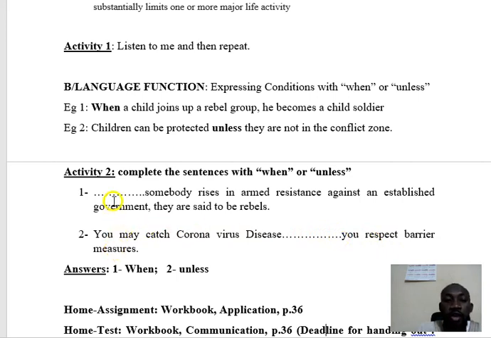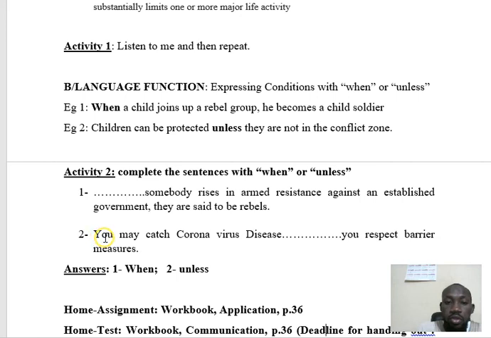All right. Okay, here the good item is when: when somebody rises in armed resistance against an established government, they are said to be rebels.